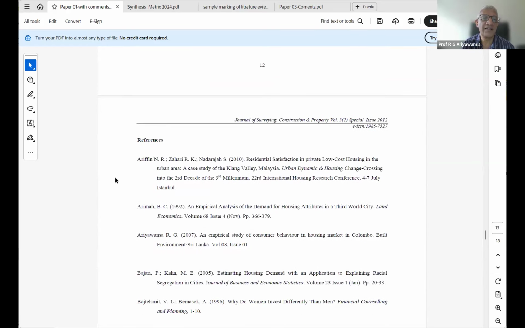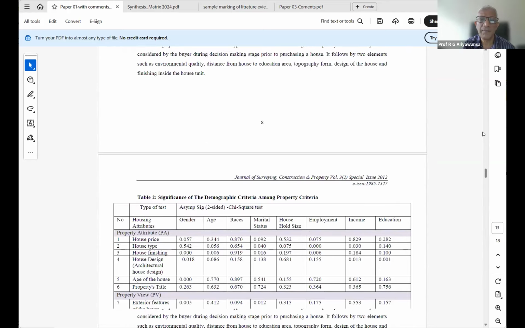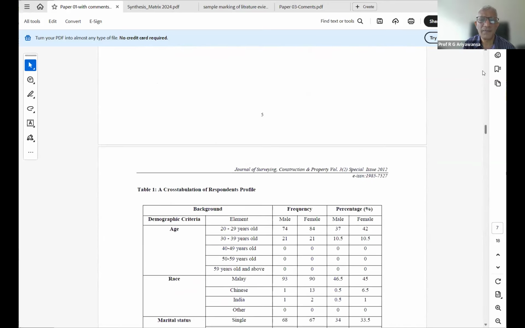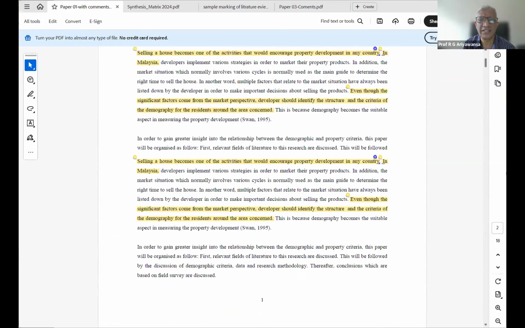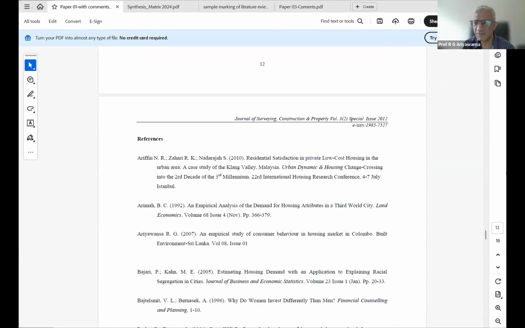And finally, the list of references. I will show you the difference between citation and reference.